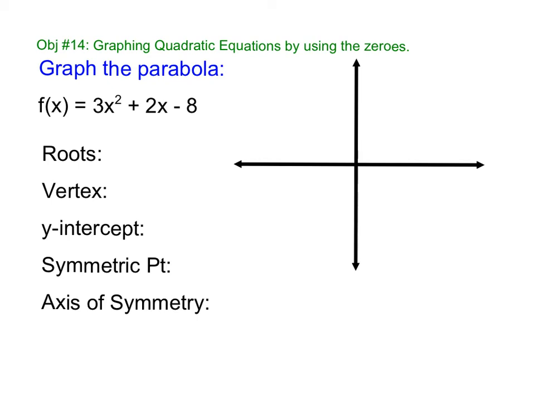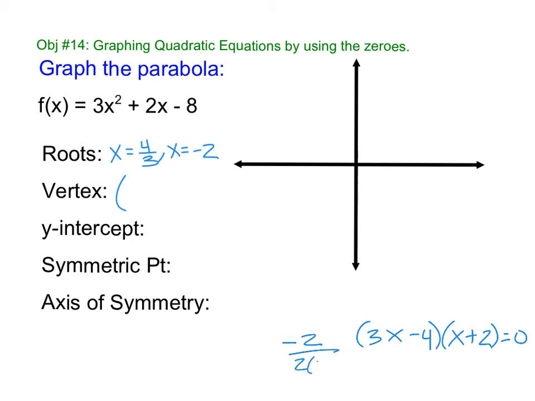Let's see my roots. 3x, x equals 0. What do we get? 2. 3 times 2 is 6. Minus 4 gives me 2. So my roots are 4/3 and -2. My vertex is -2 over 2 times 3.